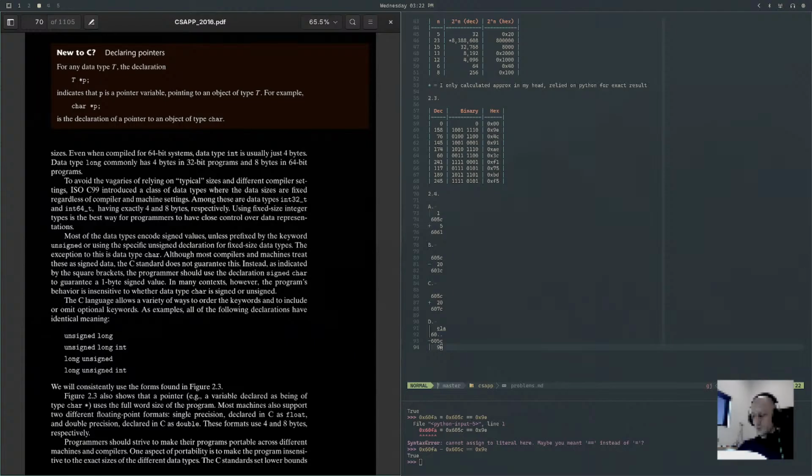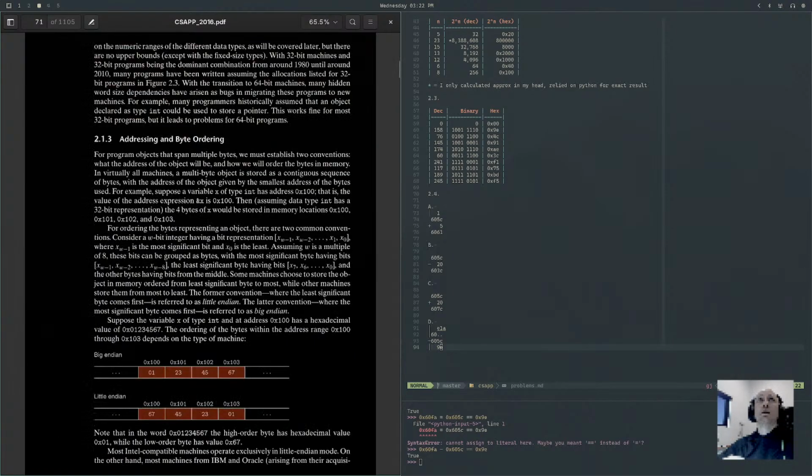The C standard sets lower bounds on the numeric ranges of the different data types, as will be covered later, but there are no upper bounds except with the fixed size types.